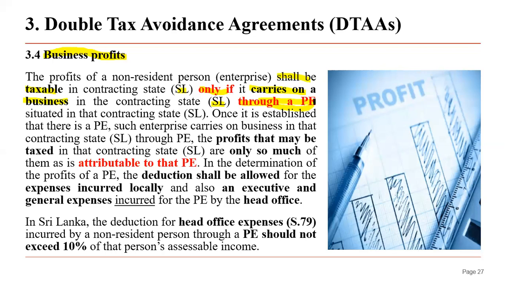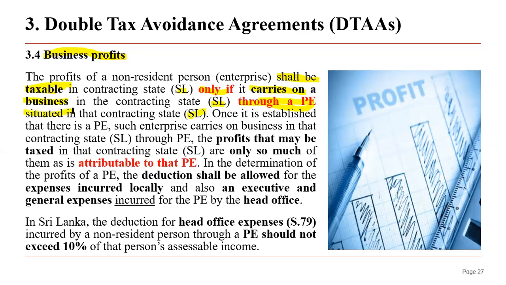So through a PE, here is a summary. It shall be taxable in the contracting state only if it carries on business through a PE situated in Sri Lanka. It's very clear.